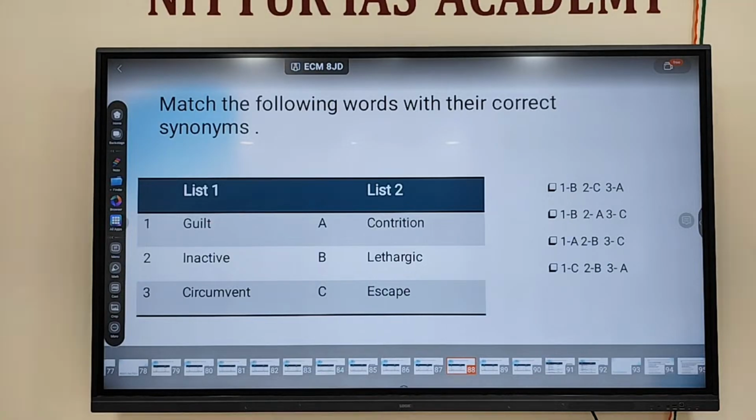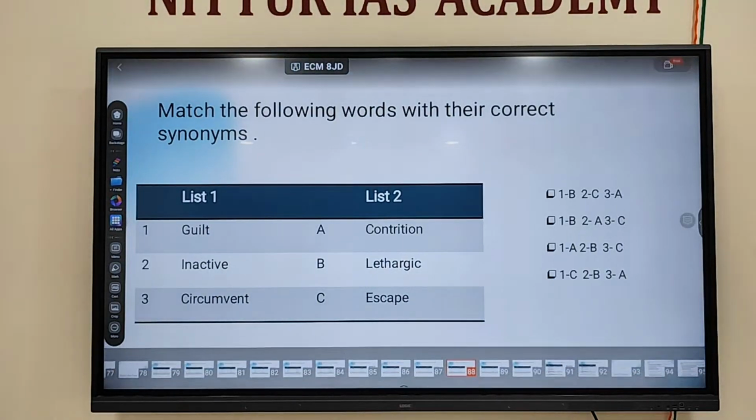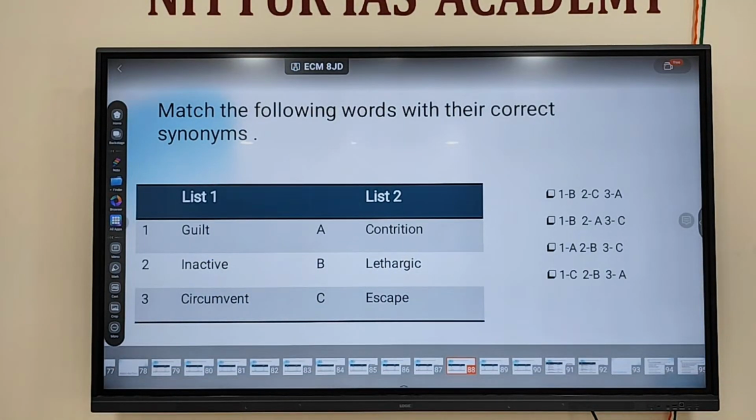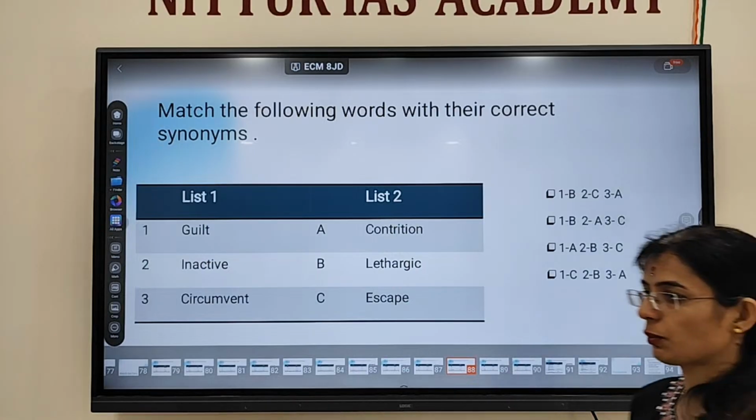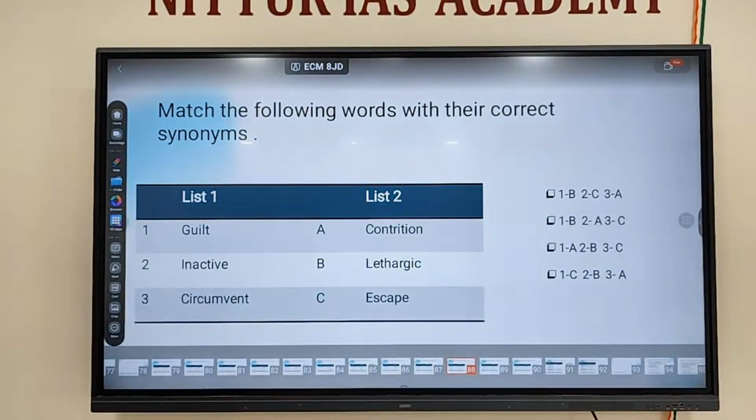1A, 2B, 3C. Circumvent is escape. Check Google. Is circumvent escape? No, guilt is escape. I need to choose between the two. Come on, tell me. Which one should I choose? I only know one meaning. I need to know at least one more to be able to answer the question.